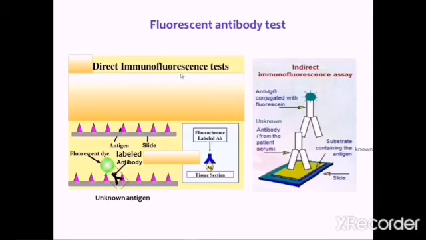Fluorescent antibody test. These are of two types, direct and indirect immunofluorescent test. First, I will discuss this direct immunofluorescent test. In this case, an unknown antigen, for example, from a tissue of a clinical specimen, is fixed on a glass slide, and specific antibody tagged with fluorescent dye is applied directly to the slide.